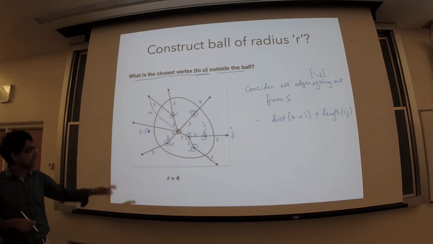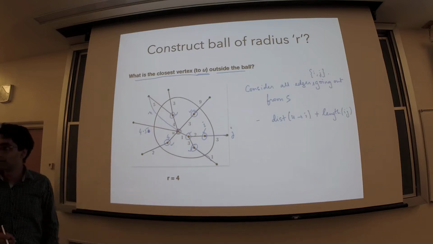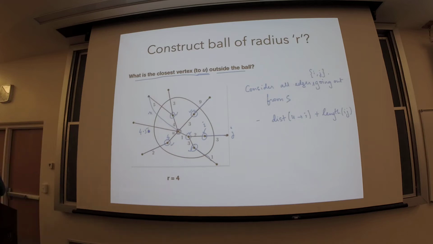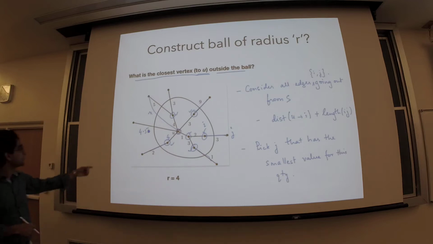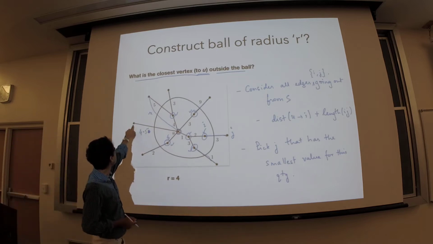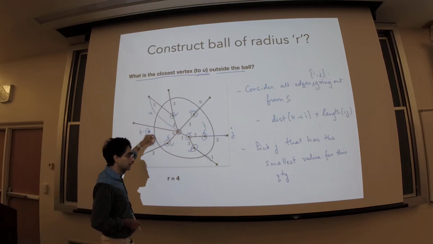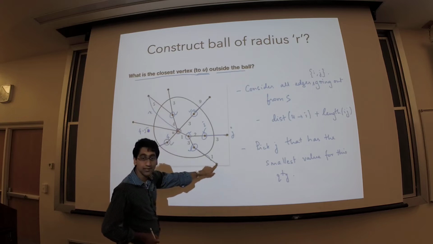And you pick the j that has the smallest value of this quantity. So in this picture, if I had a 4.5 here, then this would be the vertex that's picked. If I had an 8 here, then this would be the vertex that's picked.